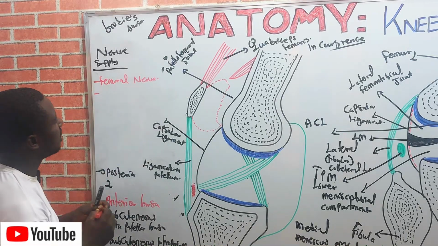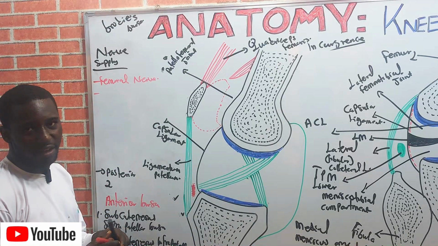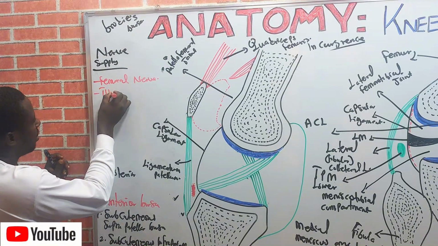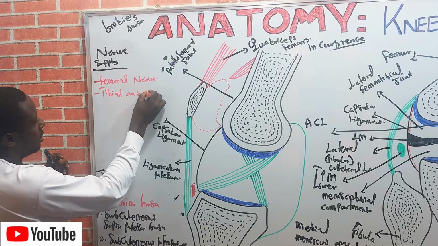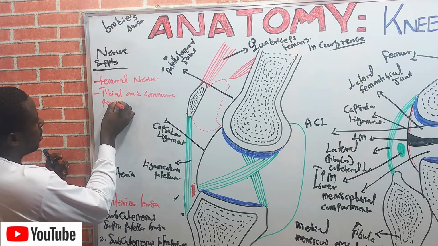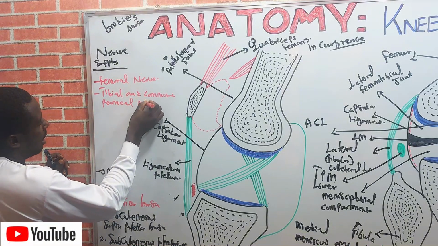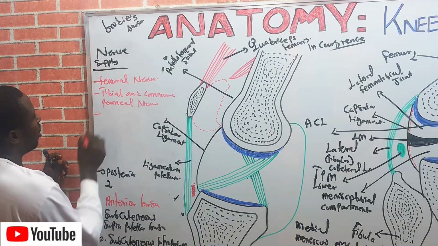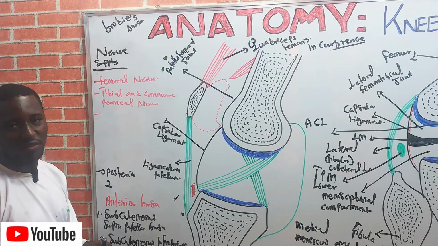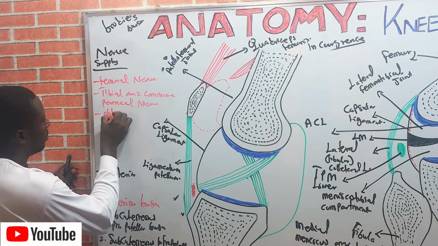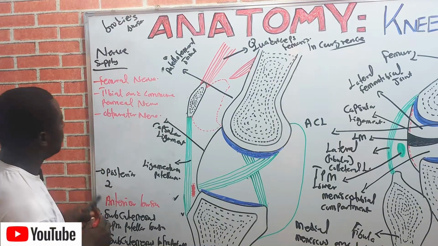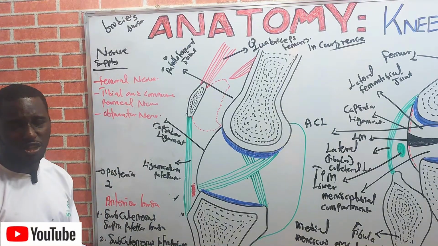Number two is the tibial and common peroneal nerve, particularly from the genicular branches. Then number three is the obturator nerve, particularly from its posterior division. So these are the nerve innervations of the knee joint.